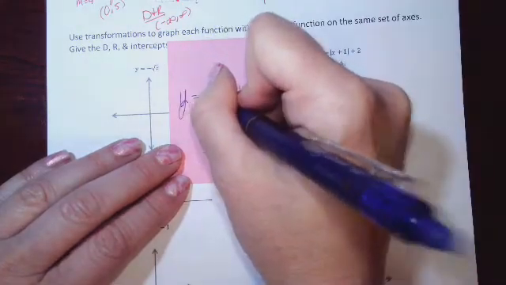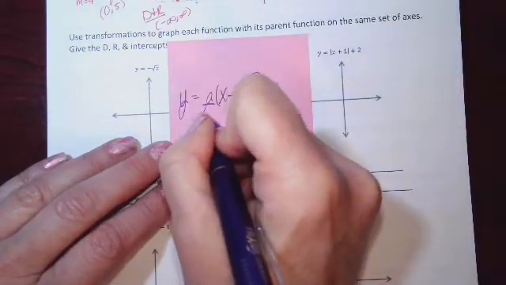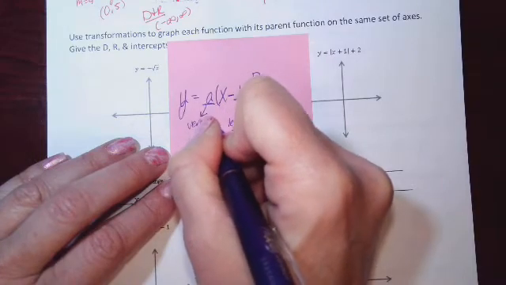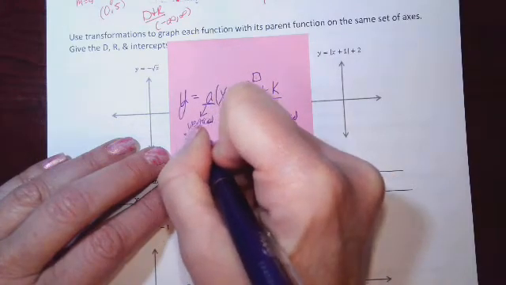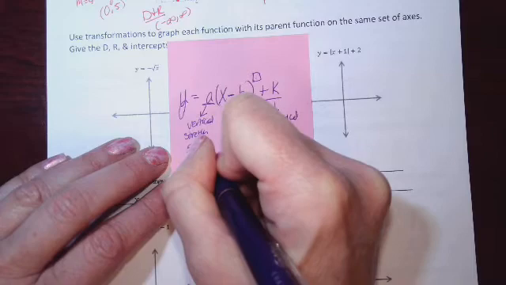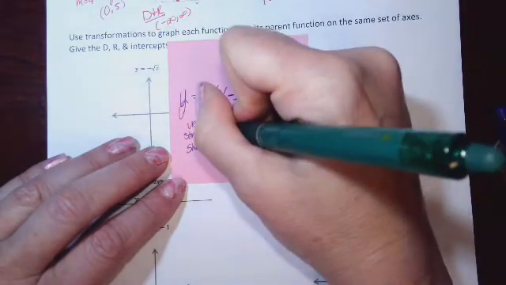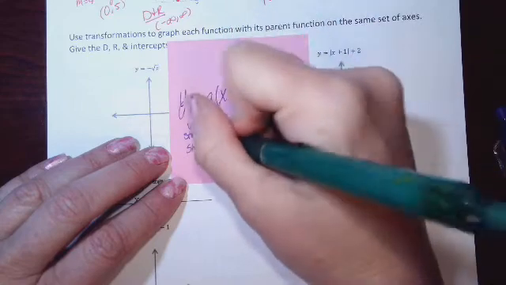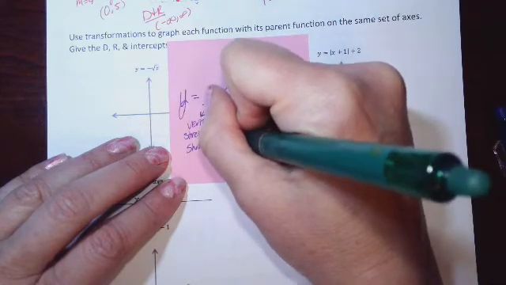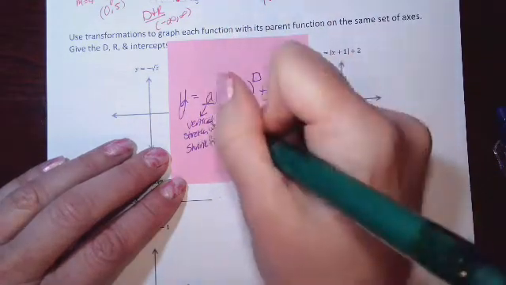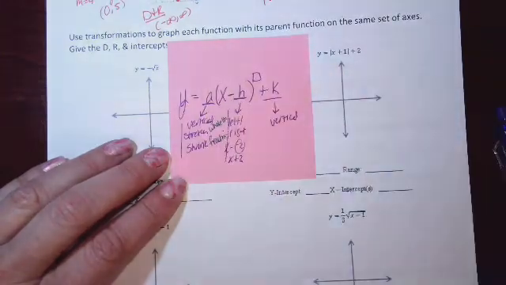If I have a coefficient out front, that's my vertical stretch or shrink. It's a stretch if it's a whole number, and it's a shrink if it's a fraction.